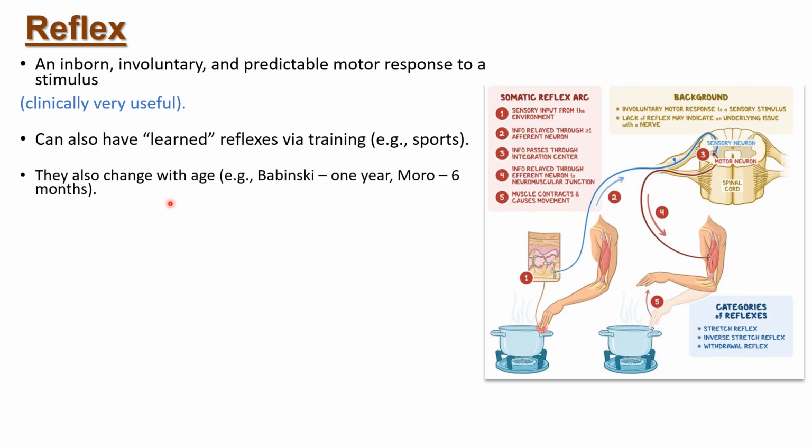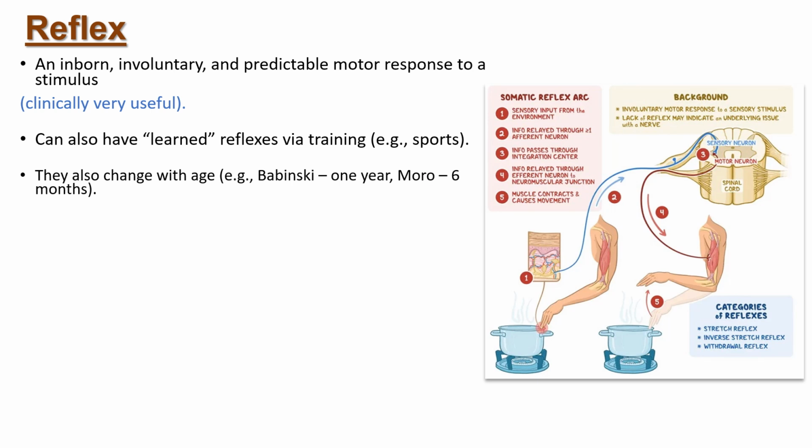There are also reflexes that will change with age. Either they go away, like for instance the Babinski reflex, where you stimulate the bottom of the foot. It usually goes away by 1 year. The Moro reflex is where, if you have a baby and you're holding it and you drop it just an inch or two, just in a jerky way, the arms will go out. That reflex was designed to protect the vital organs of the baby, better to injure the upper extremity than to injure the rib cage.